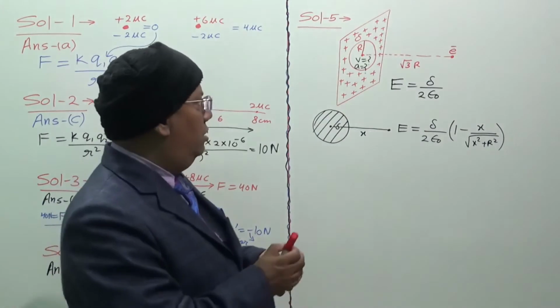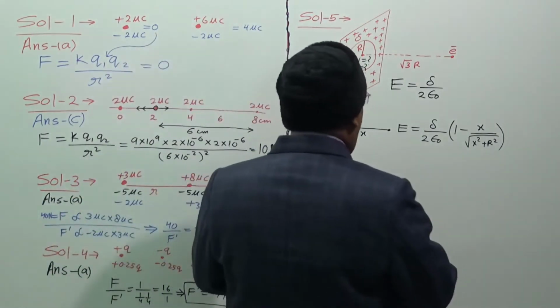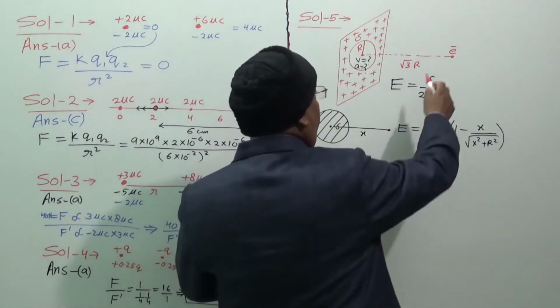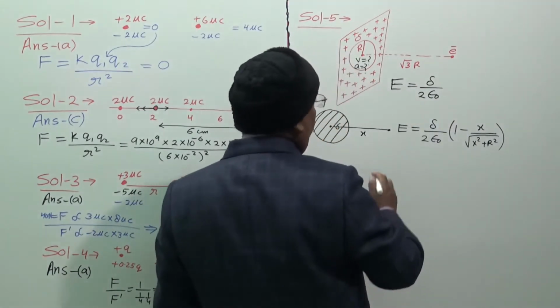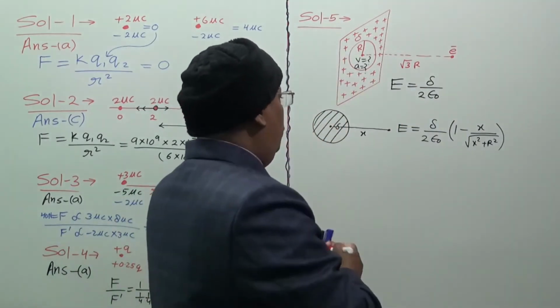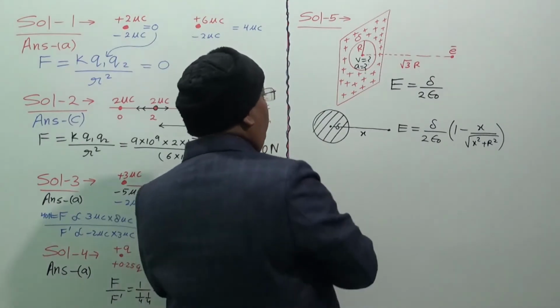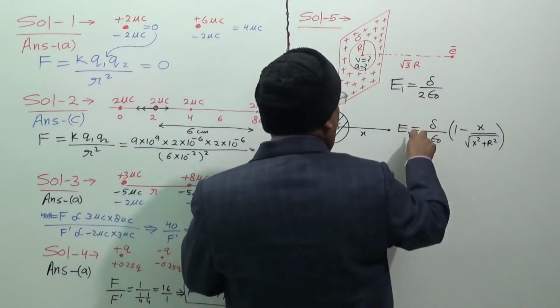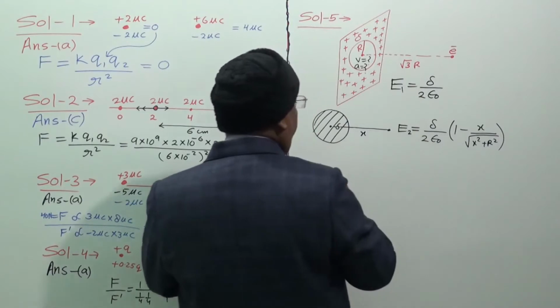So the net electric field at this point will be equal to, this is due to the sheet and this is due to the cavity.